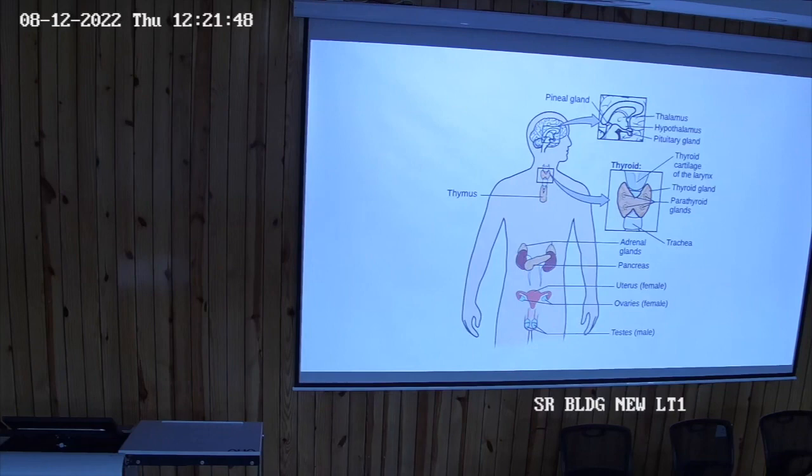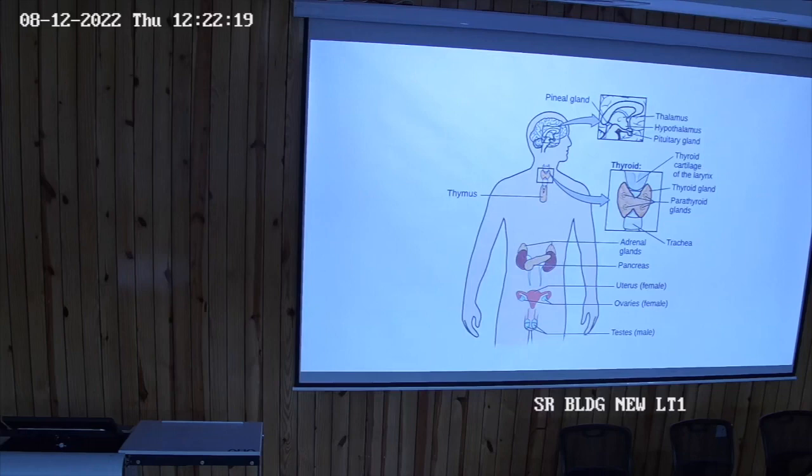In the cortex part, the first hormone is glucocorticoids. The glucocorticoids break down the proteins and fats, releasing glucose.